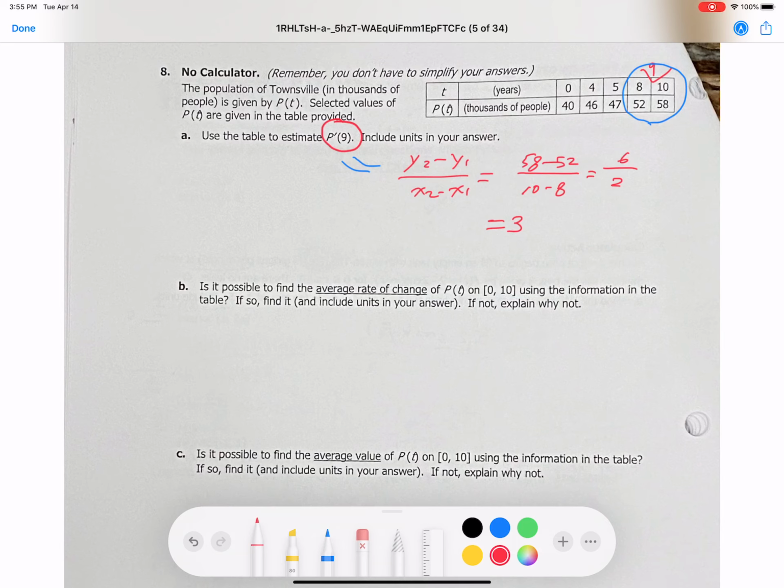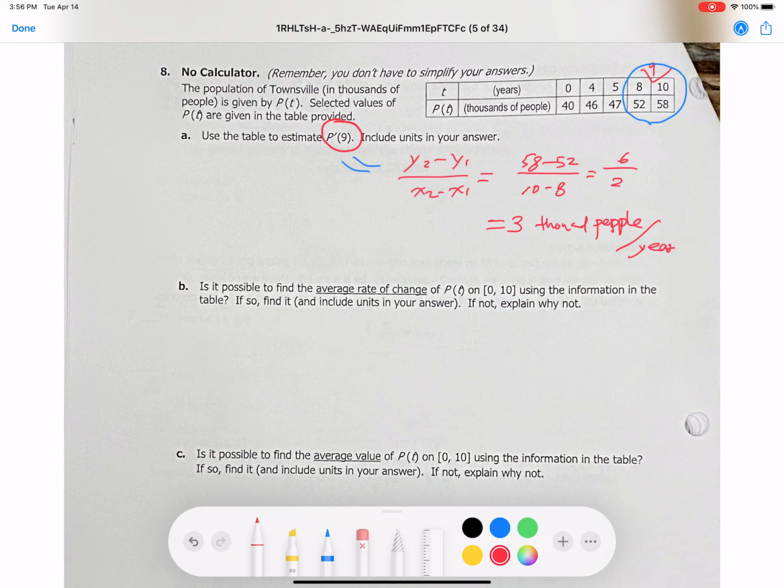So 3,000 people per year. That's a rate of change. So the answer is 3,000 people per year. That's the answer to A. It's an easy problem, right?